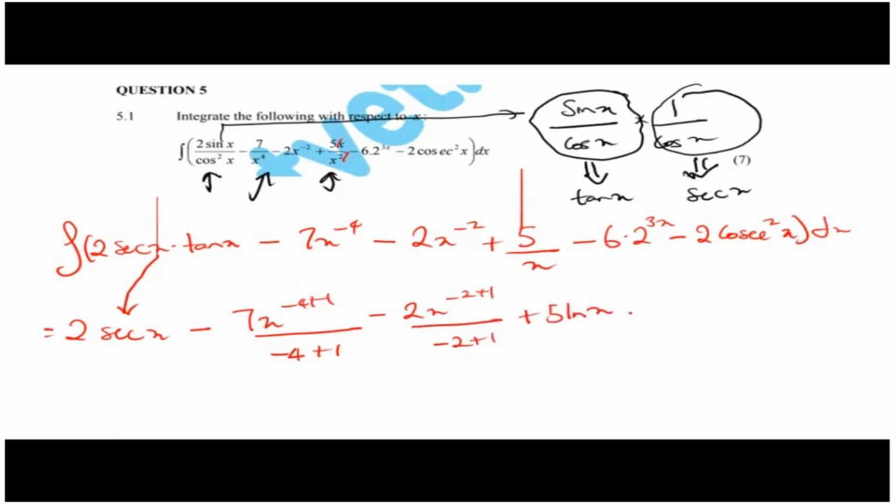How do we integrate this? This is 2 power of 3x over 3 times ln 2. Remember, all these rules I've given you guys yesterday. Like I said, most of them are not in the formula sheet, so you need constant practice.